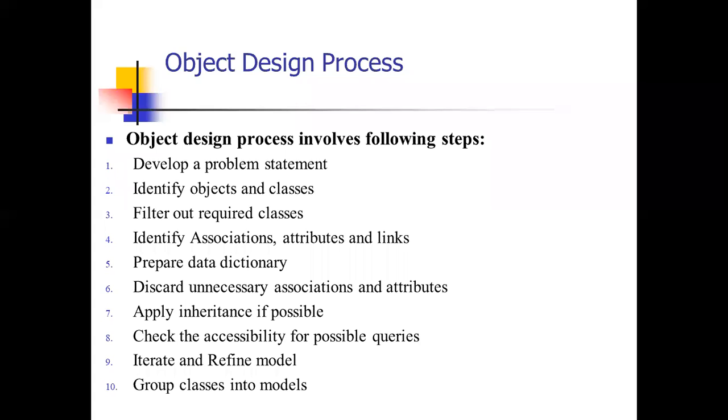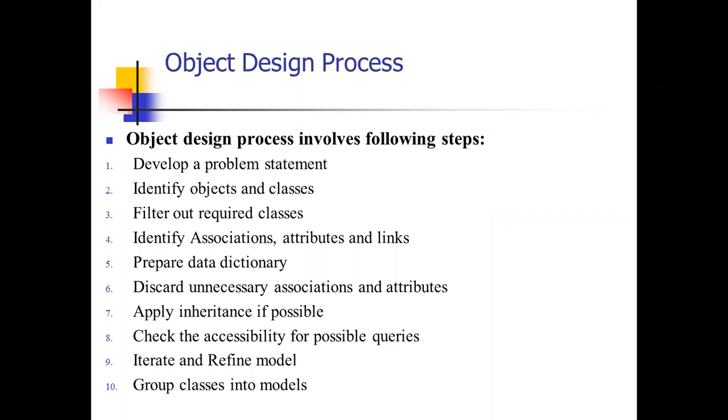Then we identify the objects and classes, and in the third step we filter out the required classes. In the fourth step, we identify the associations, attributes, and links between the objects and classes. Then in the next step, we prepare the data dictionary. Data dictionary means we form the database, or the data tables, for that particular design.